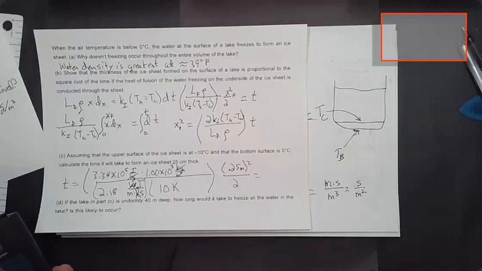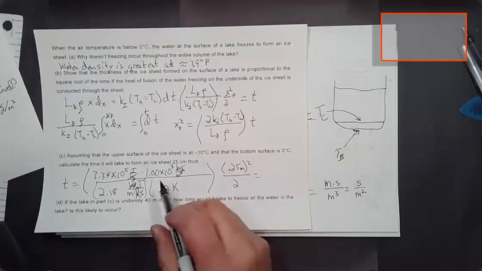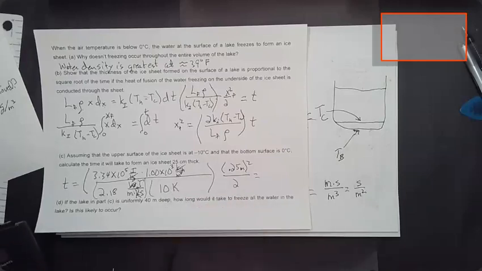So 3.34 times 10 to the 5th times 1,000 times 0.25 squared.